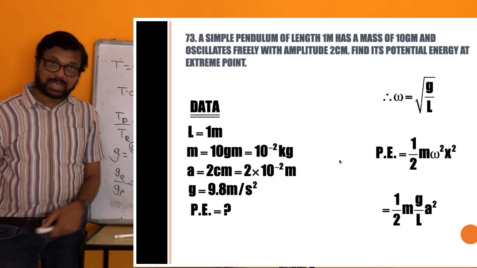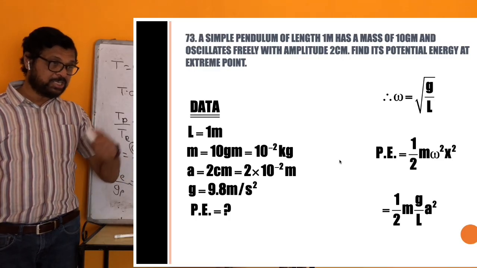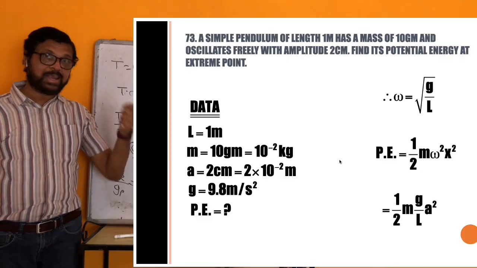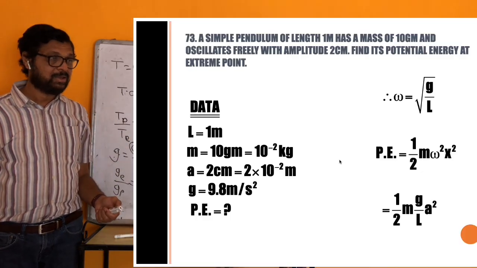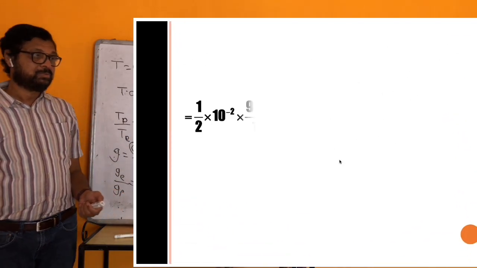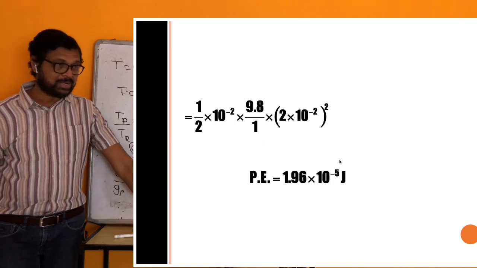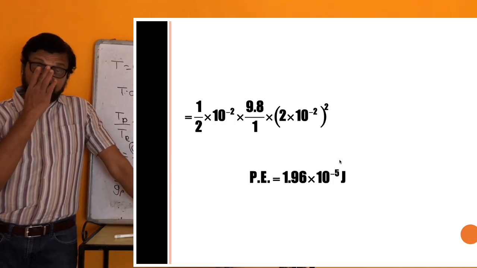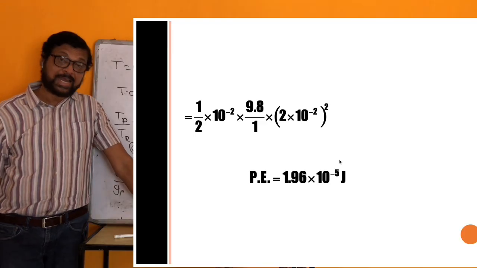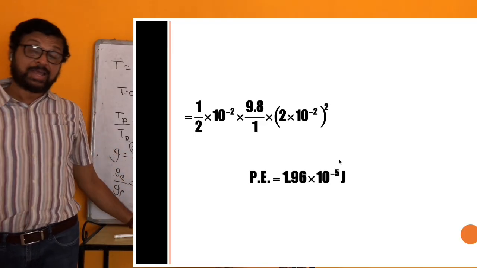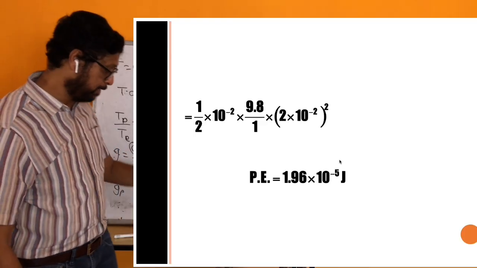Now all the values are known. Mass is given, G is given, A is given, L is also given. Put the values. Calculate: 1.96 into 10 raised to minus 5 joule. That is the potential energy at the extreme position.